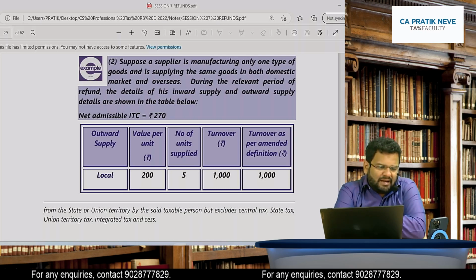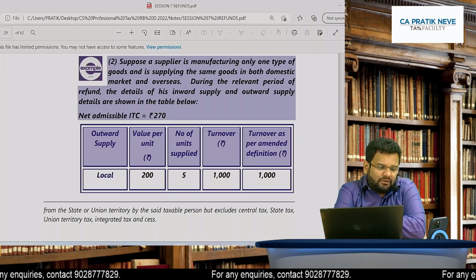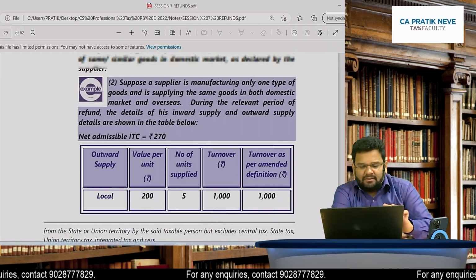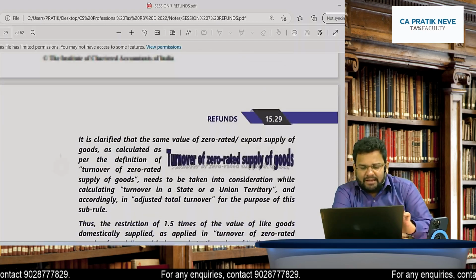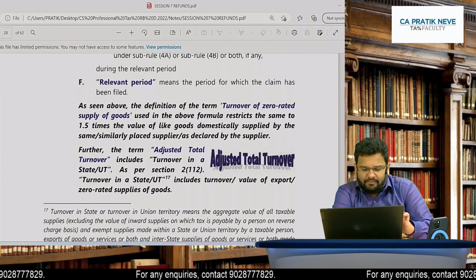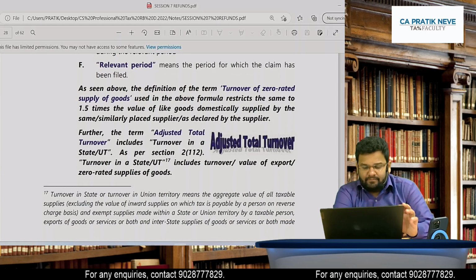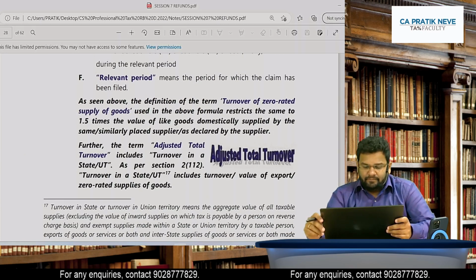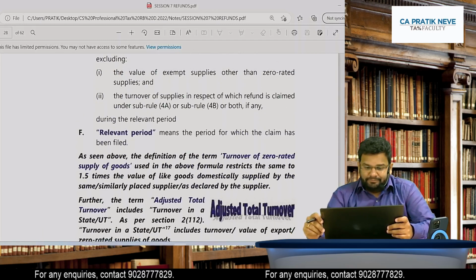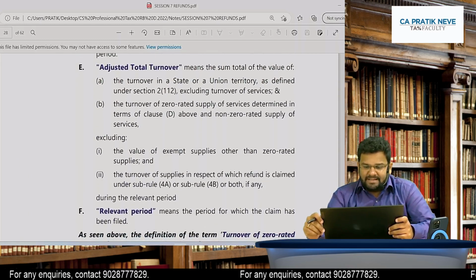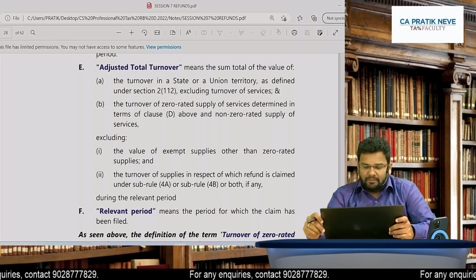Sir, in adjusted turnover, they are excluding turnover of supply of service. Why are they? No, they are not doing that. Check. See this, adjusted total turnover.